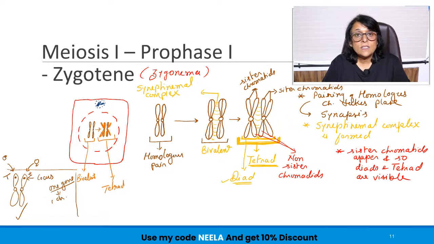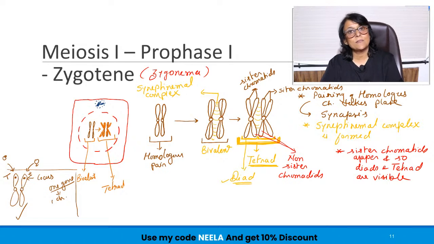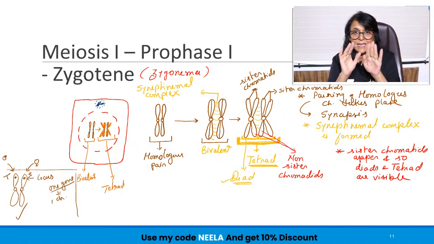You want these homologous chromosomes together because later on exchange has to take place. Exchange takes place between non-sister chromatids, so these 2 homologous chromosomes should be together. When these chromosomes are together, something should hold them together, otherwise they will move in the nucleoplasm here and there. So to keep them together, synaptonemal complex is formed.